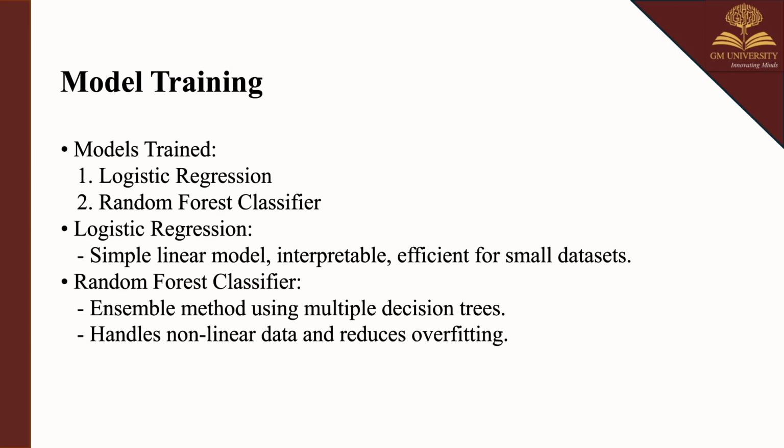Each tree makes a prediction and the forest takes the majority vote. This model reduces overfitting and handles nonlinear data better than logistic regression. After training both models, we evaluate them using several performance metrics.